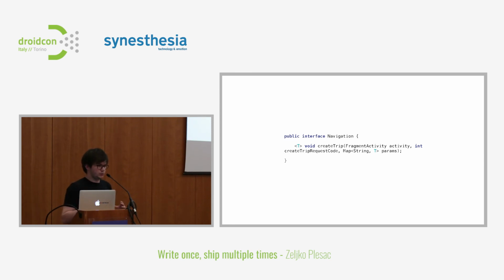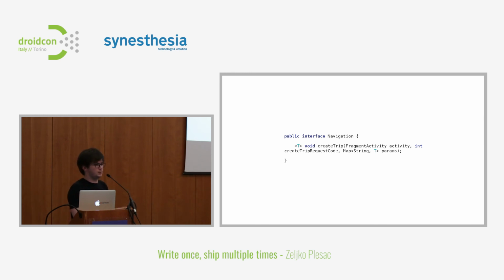Also, we want to use a default navigation flow, and it has to be customized only for one or two products. So basically, when the user clicks on, I don't know, a create trip button, the default implementation will be to open screen A, fill all the necessary fields, and then we will open a second activity in our application, which will show the map and the path.